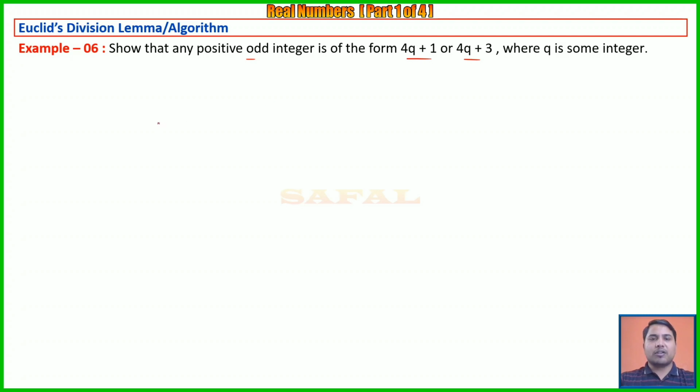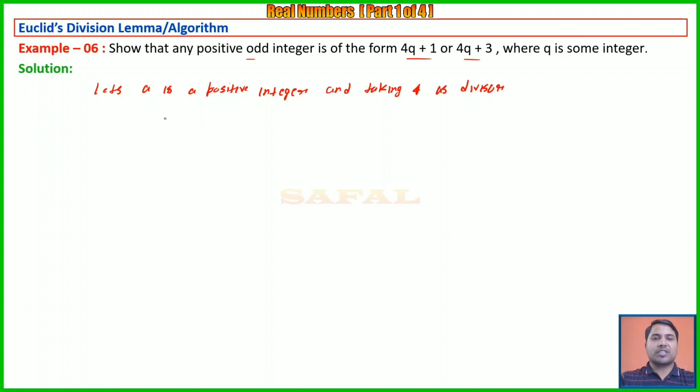Here the clue we are getting is from this number 4. That means we need to take a number a and divide it by 4. So let a be a positive integer, taking 4 as the divisor.